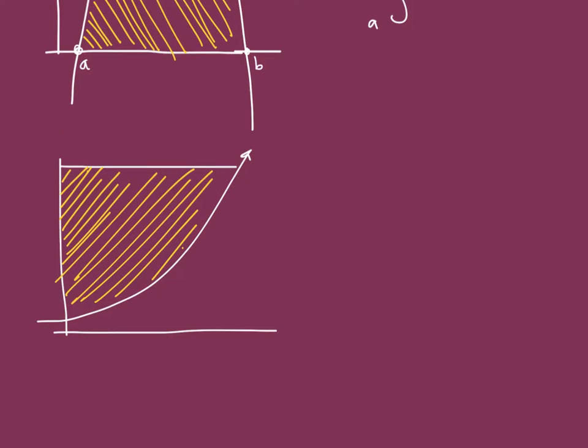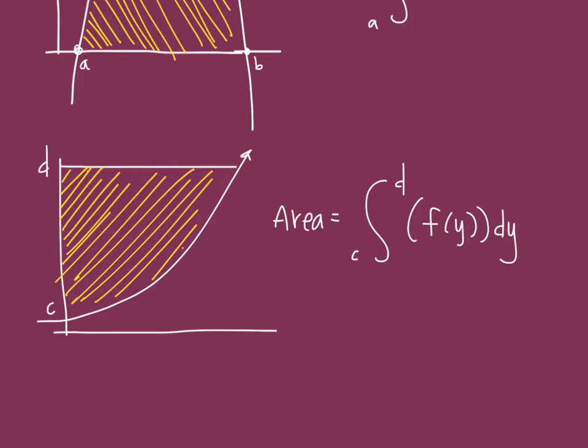Along the y-axis, perhaps we're going along the interval from C to D, and we would write the area as the integral with bounds from C to D, parentheses, and then f of y, because we're now in y terms, dy, to show that we're using the y-axis as our other boundary.